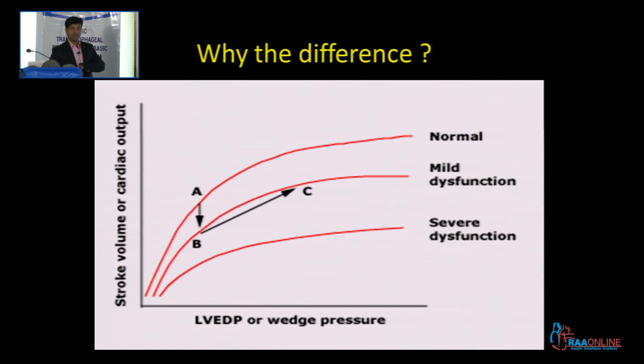On the other hand, if a patient has cardiac abnormalities, with LV dysfunction, the steepness of the curve is very limited. The same volume that works for one patient will not work for the other, and this will push the patient into signs of fluid overload. So we need to understand where exactly this particular patient's ventricle is operating.